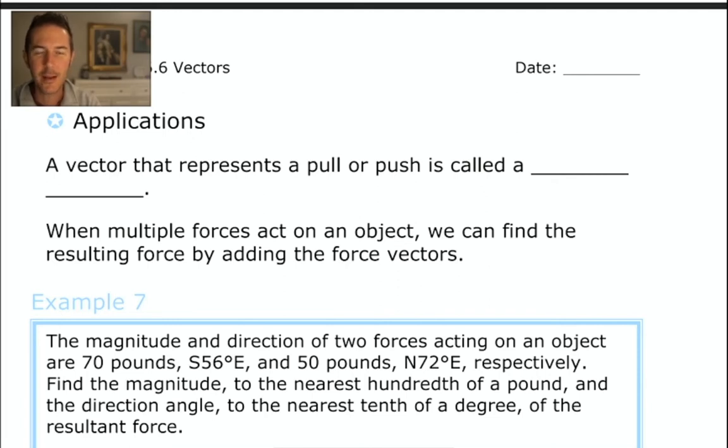All right, let's look at a couple of application problems that involve vectors. The first thing we need to take note of is that a vector that represents a push or a pull is called a force vector.